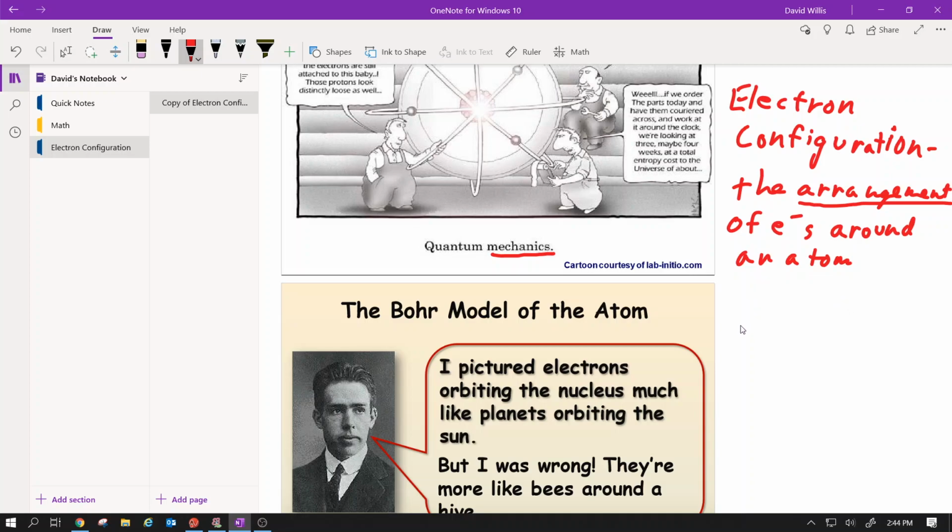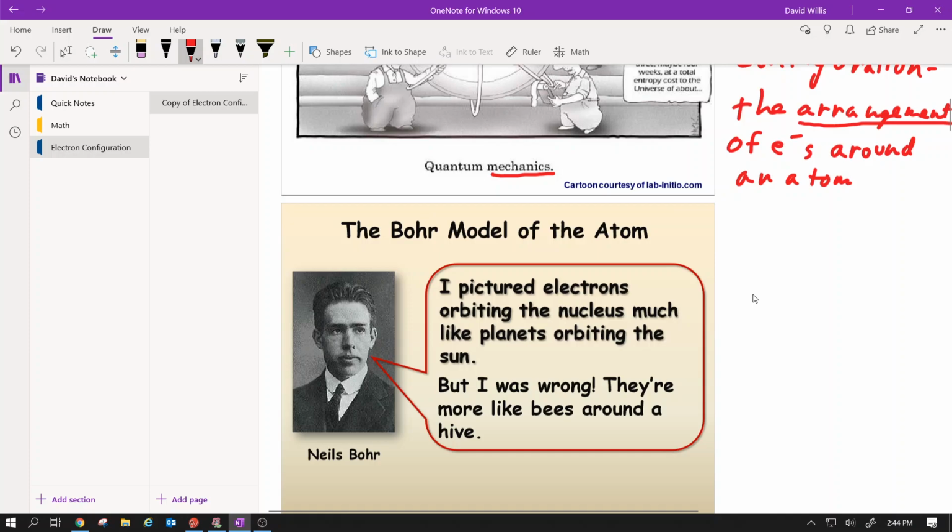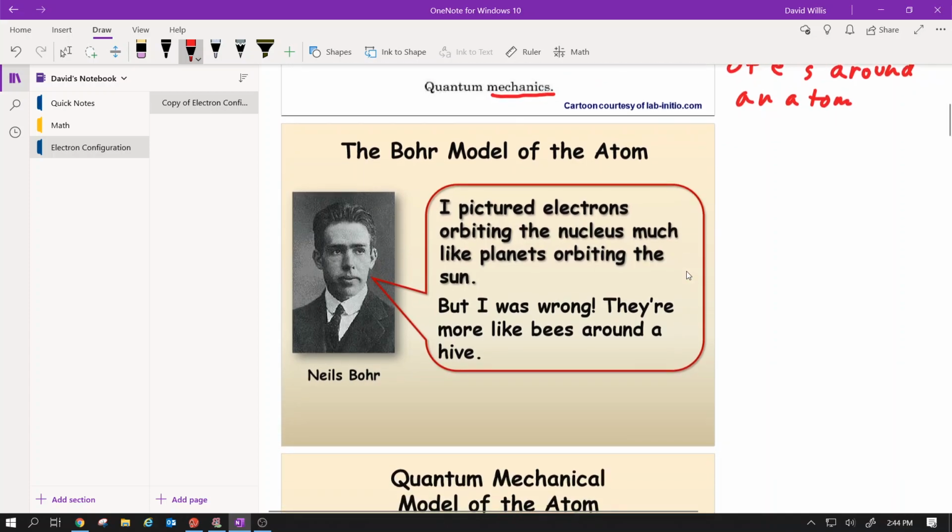So the first model that really, I don't know if we would say that this one began our modern understanding, but it definitely was a key, is the Bohr model. Bohr pictured, there were some things that were correct and some things that were not about his model.